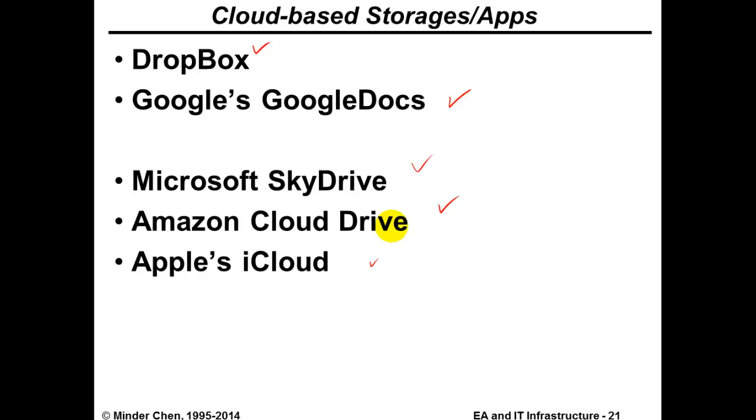And then you can get access to whatever data you store on the cloud or share it with whoever you want over the cloud. So it's quite convenient. A lot of them will offer you something like 2 GB of storage space for free. And if you want more, you need to pay for it.